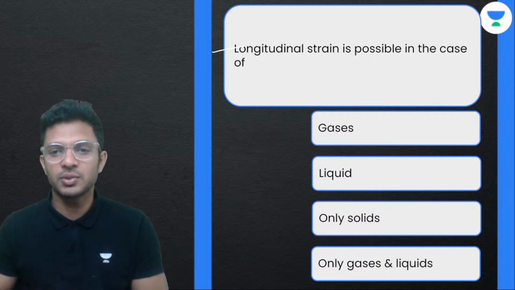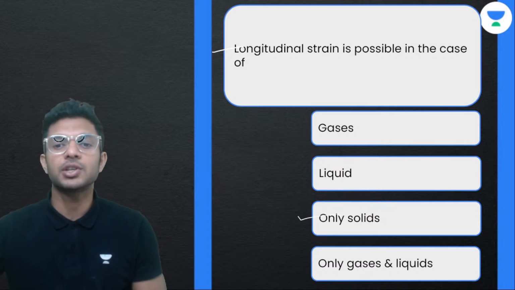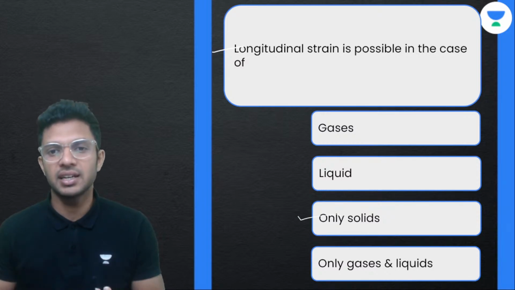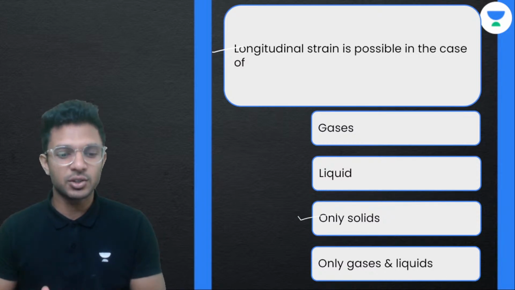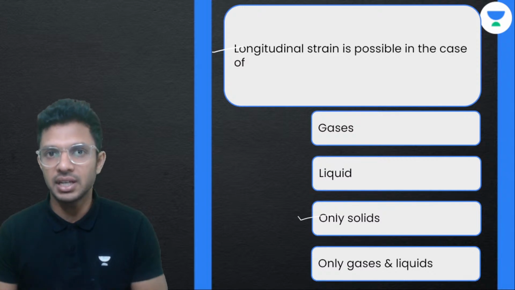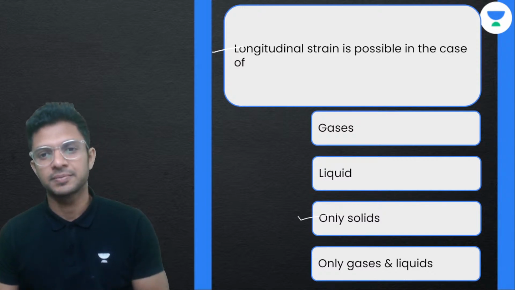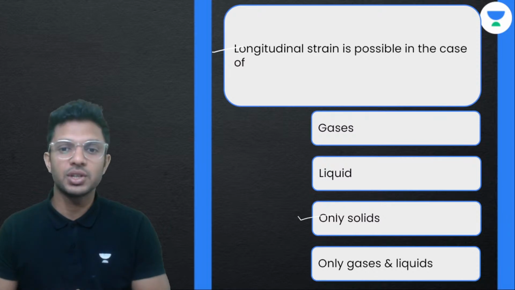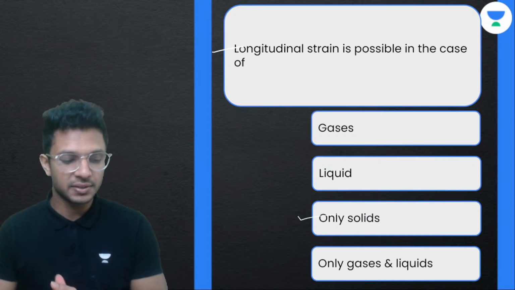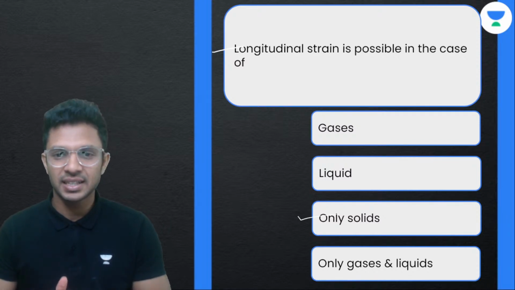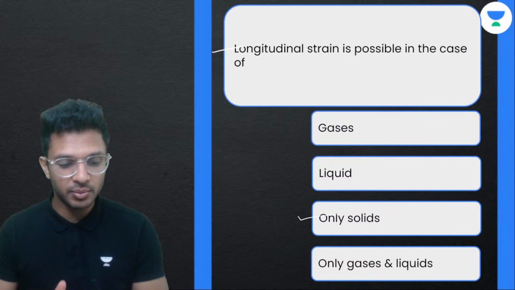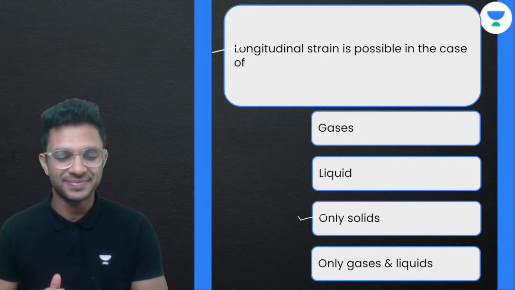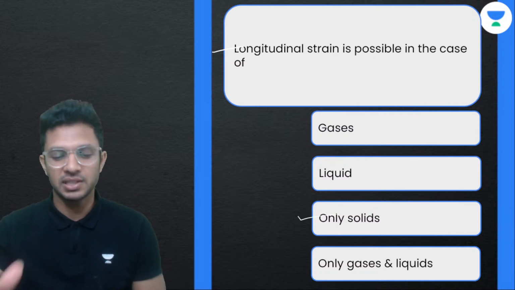And the change in length can only happen in solids, because gases and liquids don't have a specific length, they keep taking the shape of the container. So longitudinal strain is only associated with solids here. So it's option C. Did anyone give me? Devika, very good. Not a D option, Gopika. Okay, it's option C here.